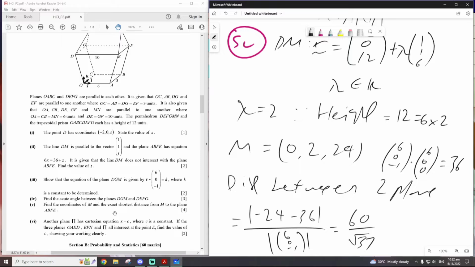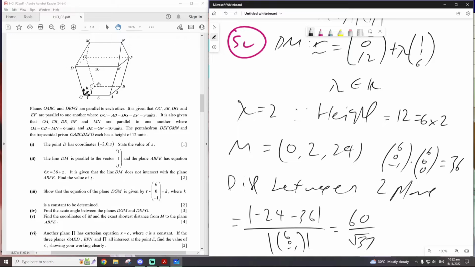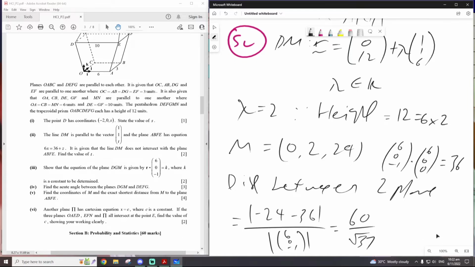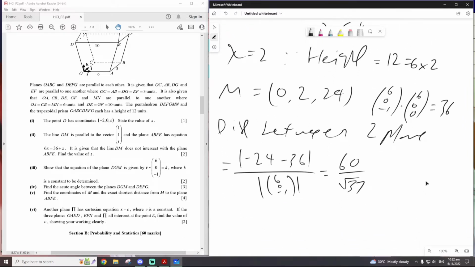Another plane pi has equation x equals c. The three planes OAED, DEFN, and pi intersect at E. If you look at the diagram, you will realize that the x coordinate of the intersection must just be that of E, so c will be that exact value.